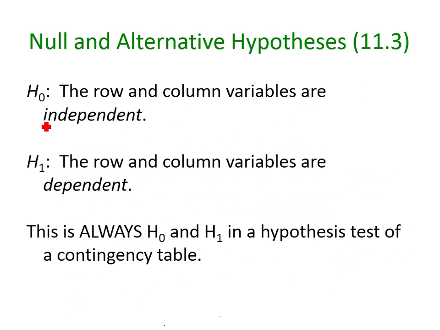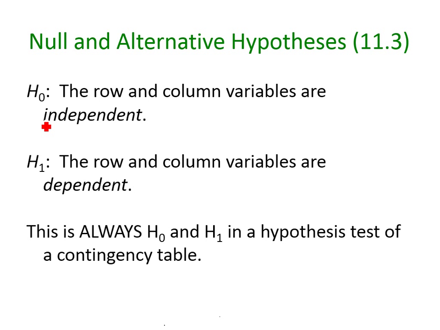So again, our null hypothesis is always that the row and column variables are independent of one another. Your alternative hypothesis is always that the row and column variables are dependent. Those will not change. Just like when we were doing the correlation, the null hypothesis was always that there was not a correlation between them, and the alternative was that there is one, that it had to be extreme enough that we can say there's a relationship between them.